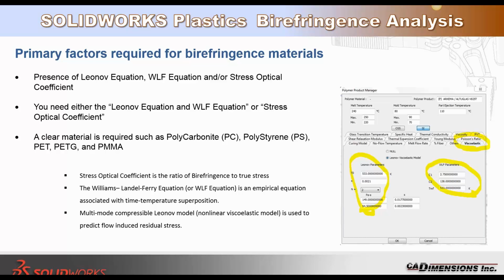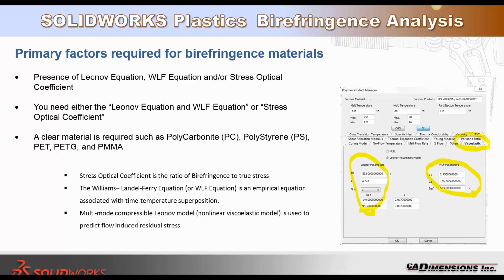As you know, SolidWorks Plastics allows you to see how the part will be filled, how the part will react to the pack hold phase, and how the part will warp, as well as you'll be able to add cooling lines to see how different cooling lines and cooling channels might affect your warping analysis.